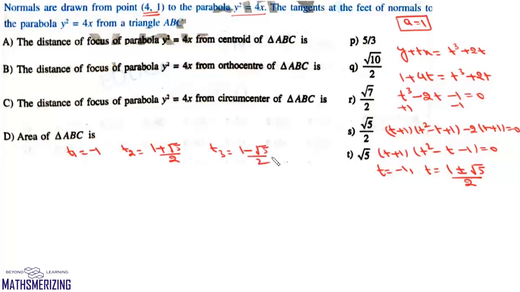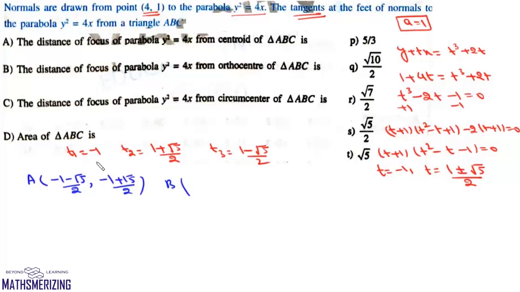Now we know that the point of intersection of tangents is (a t1 t2, a(t1 plus t2)). So we'll write these points of intersection as follows. Suppose A is the point for t1 and t2. t1 t2 is (minus 1 minus root 5) by 2, and then t1 plus t2, so we'll add them, we'll get (minus 1 plus root 5) by 2.